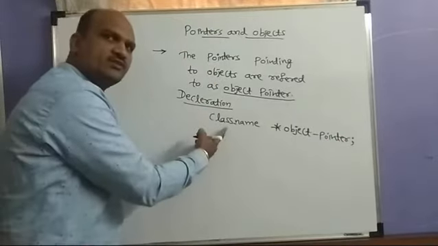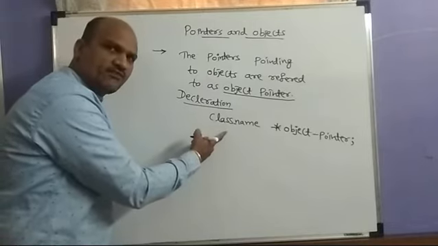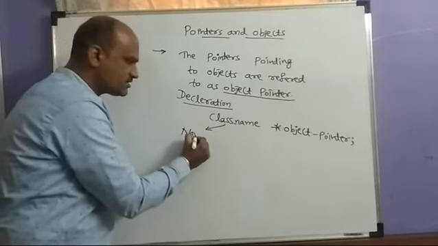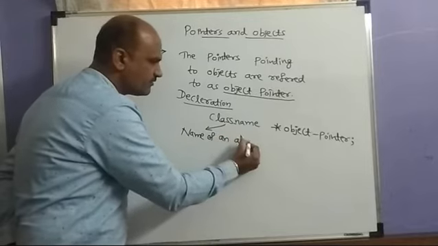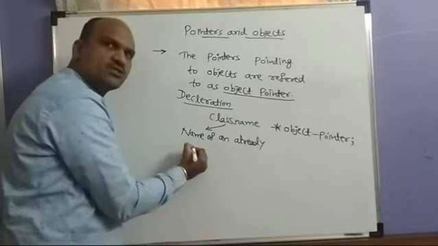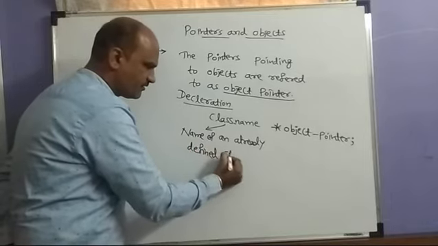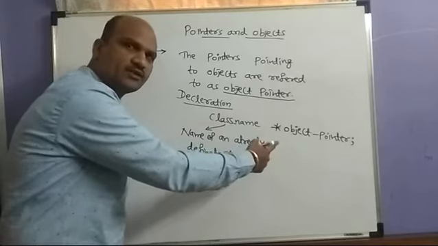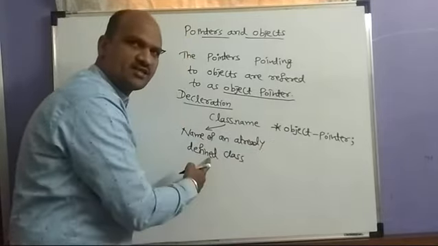This class name is the name of an already defined class. So here the object pointer is a pointer to an object of this class type.